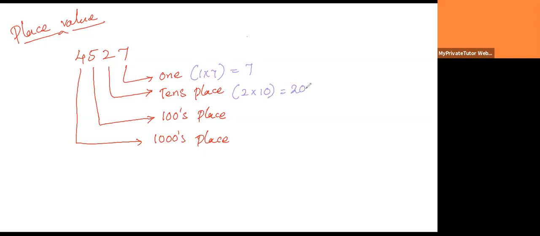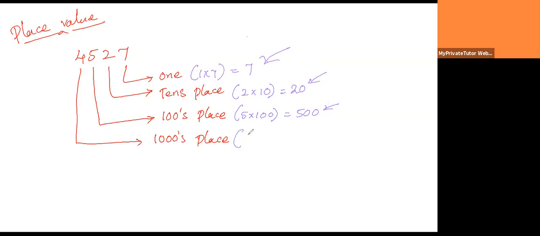We can also write it directly, but I'm just explaining how we got 20. So 5 is at hundreds place, so we are going to multiply that number by 100. So all these are place values: 7, 20, and 500. These are place values of 7, 2, 5 respectively.